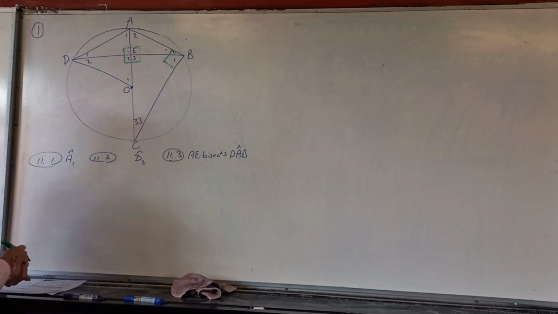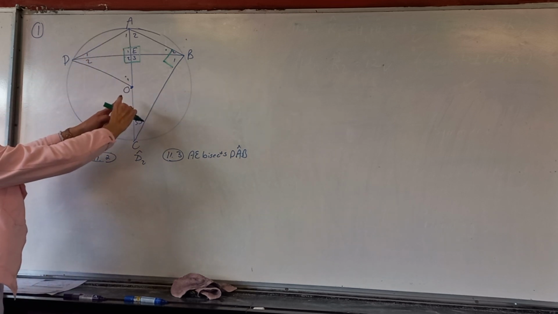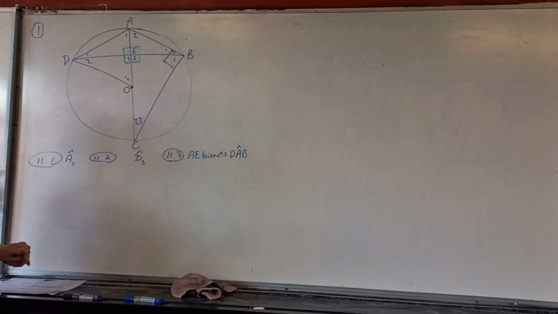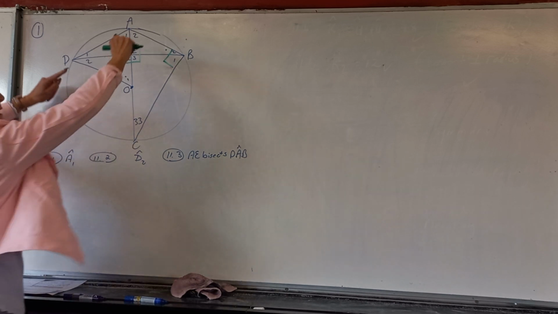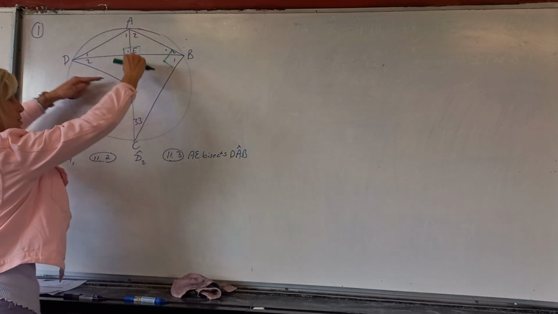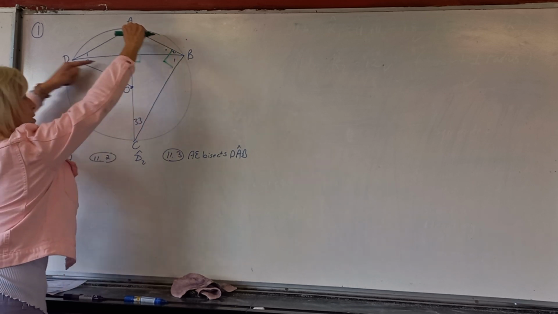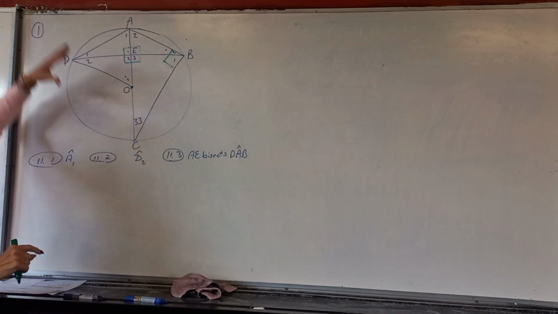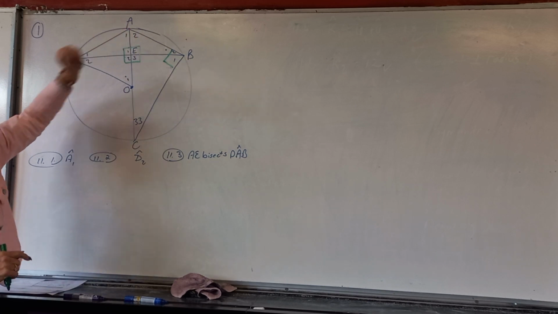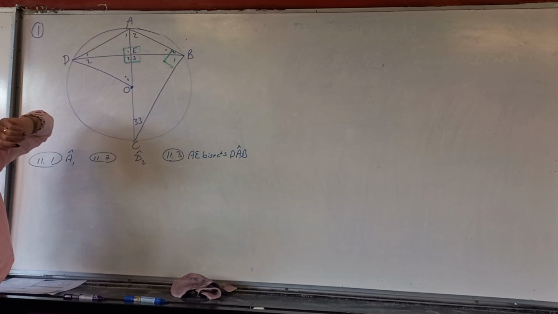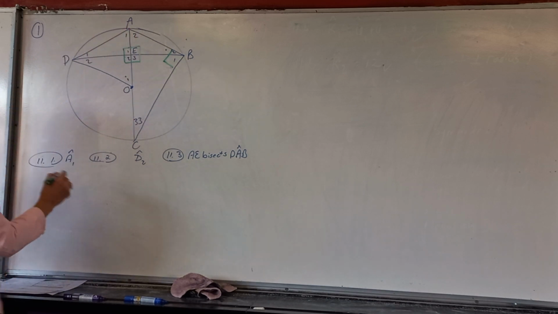Excellent. Are they equal to each other though? Angle at the center is twice the angle at the circumference, but if you weren't looking for it, you wouldn't have seen it. Do you see it now? Yes. Angle at the center subtended by AD going to the center, and subtended by AD going to the circumference. It's one of those that's on the same chord, but it's squished to the side. You'll only see it if you look for it.